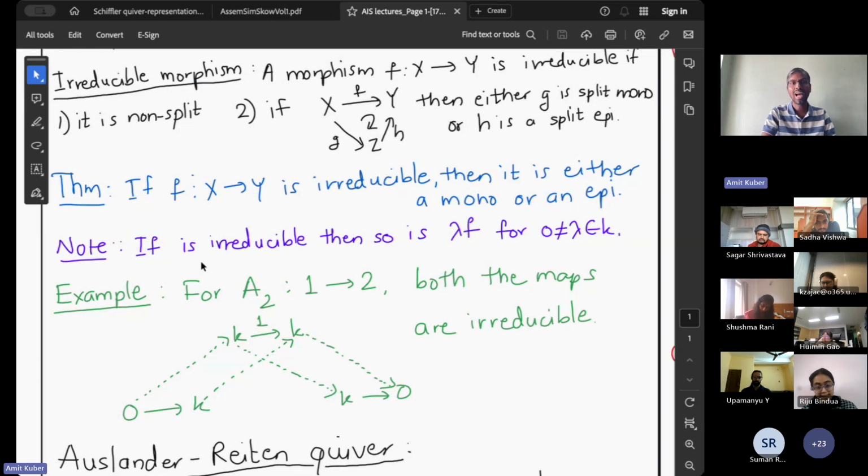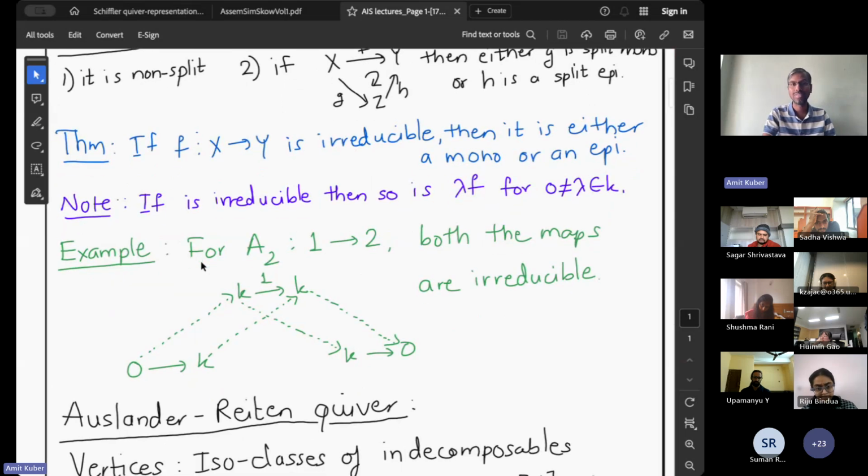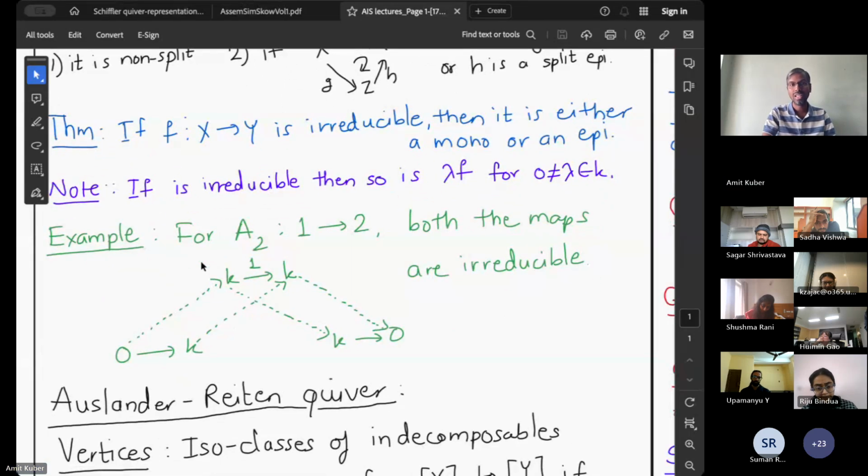Let us look at some irreducible morphisms. Here is an example: we have taken the example of A2. Hopefully everybody remembers from the first week that there are only 3 finite dimensional indecomposable objects. You saw that from the proof of Gabriel's theorem.